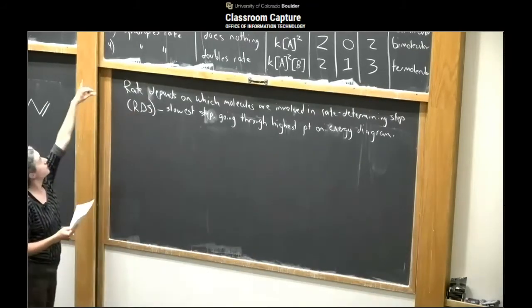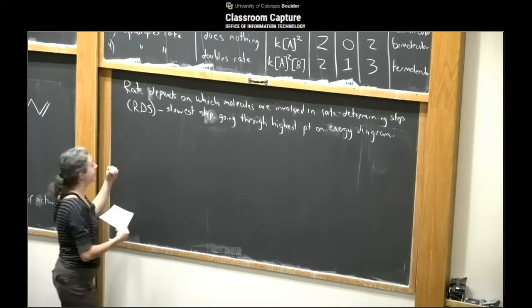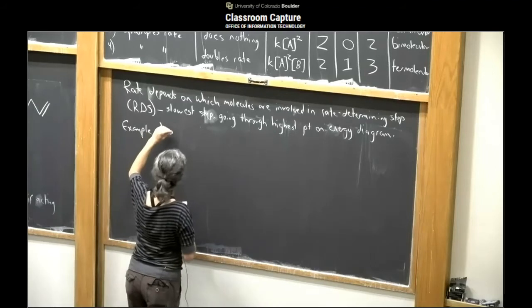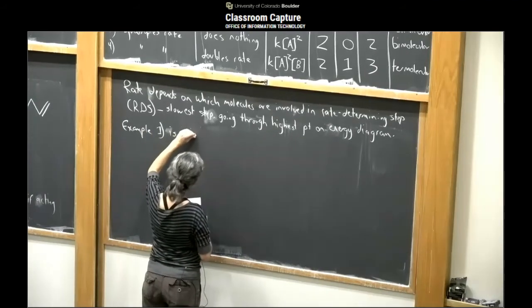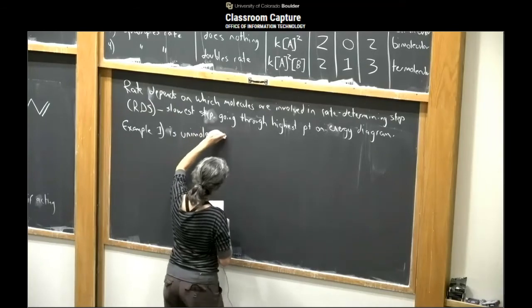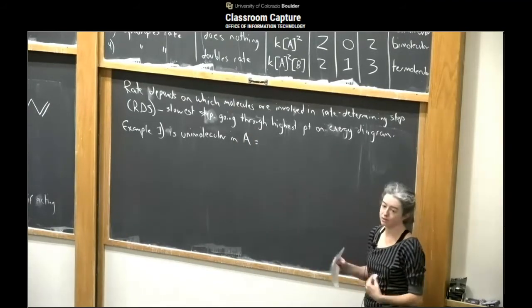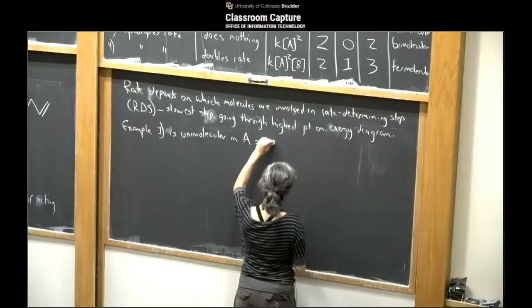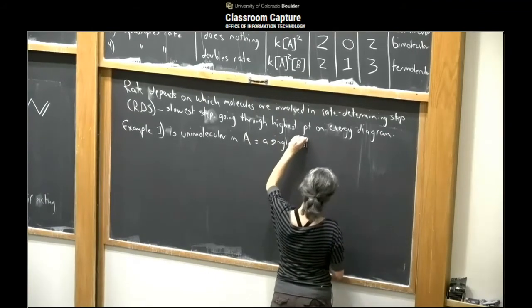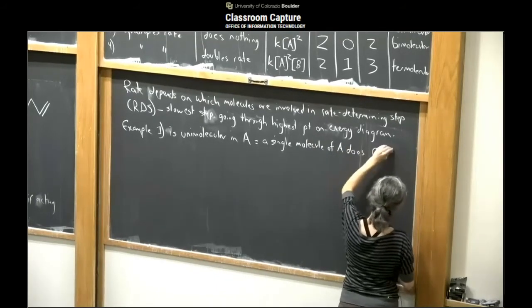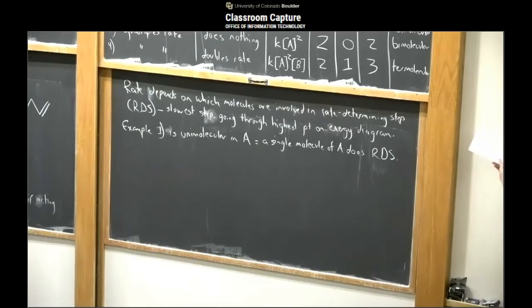So we could describe, for instance, the first reaction up here as unimolecular in A, which means that a single molecule of A is doing something during the rate determining step. Whereas bimolecular for A and B means that the rate determining step involves one of A and one of B getting together and doing something.